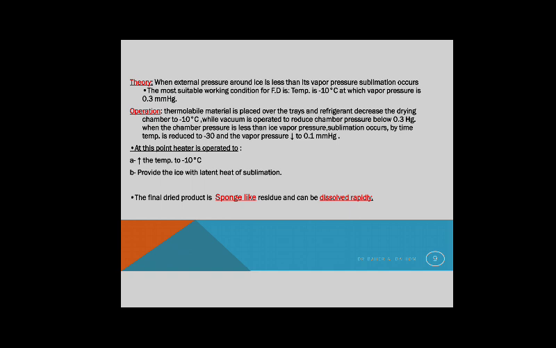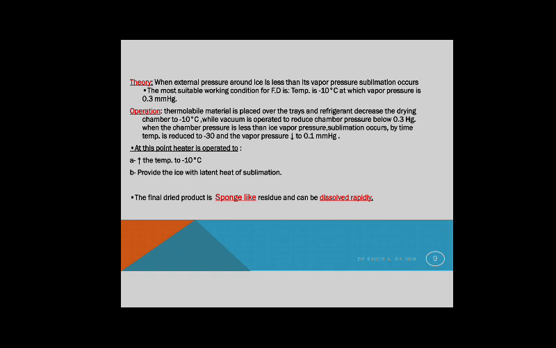Operation: thermolabile material is placed over the trays and the refrigerant decreases the drying chamber to minus 10, while vacuum is operated to reduce chamber pressure below 0.03 mercury. When the chamber pressure is less than ice vapor pressure, sublimation occurs. By time, temperature is reduced to minus 30 and vapor pressure decreased to 0.0 millimeter mercury.